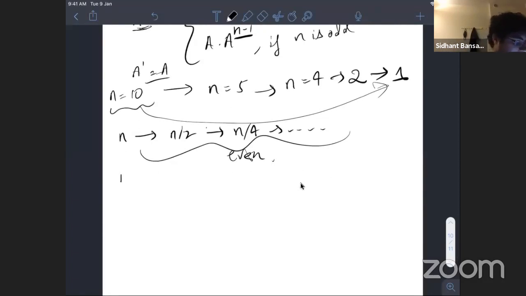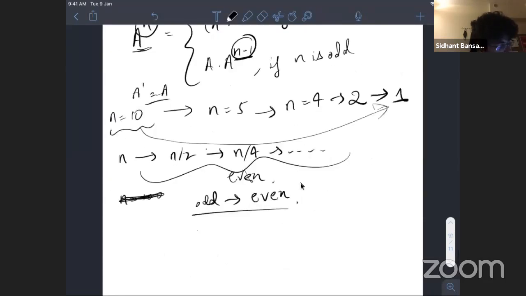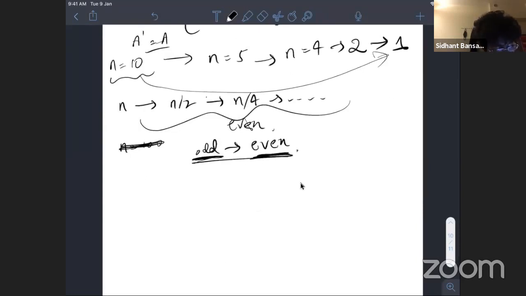But it won't become odd a lot of times. Let's say n is 100. Basically, whenever it becomes odd, in the next step, it will become even, right? Because when it's odd, this is even. So if this is odd, then this is even, and when this is even, you divide by 2, right?